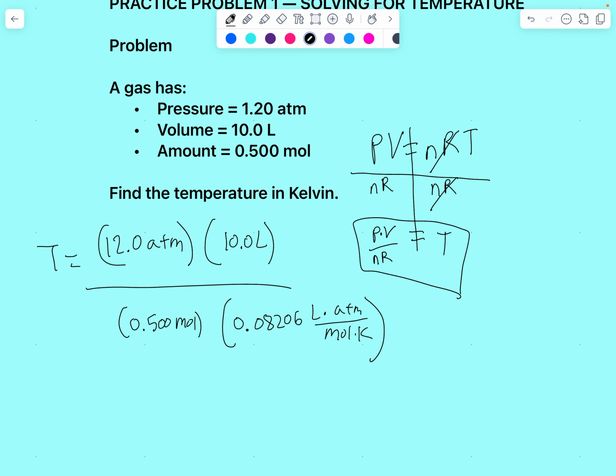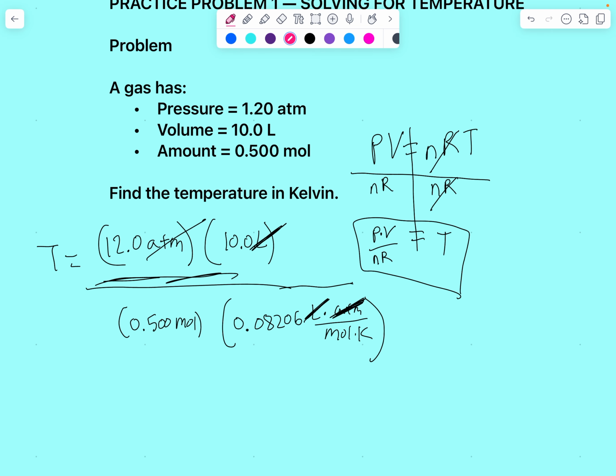Let's cross off some units we don't need. So we got ATM up here, we got ATM down there. Perfect. I got liters up here, and I got liters down there. Perfect. Notice how ATM and liters were in the numerator in one place, and then in the other they were under the division bar, so they're opposites and cancel out.